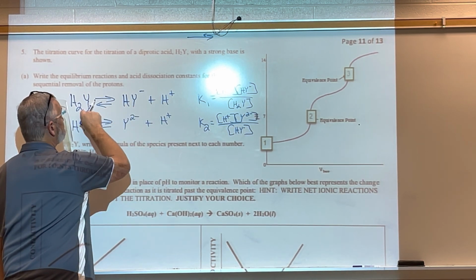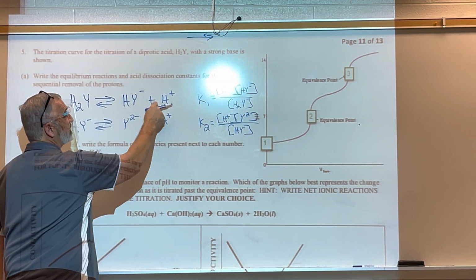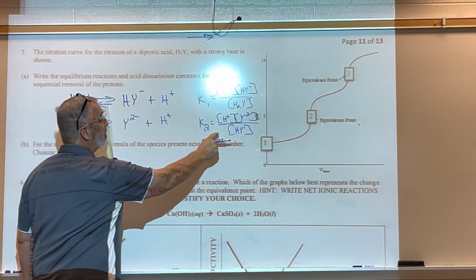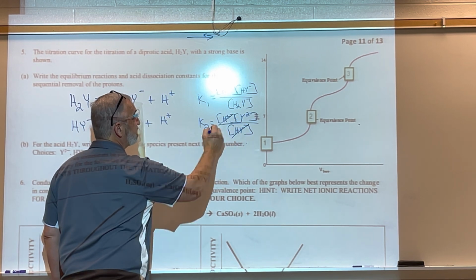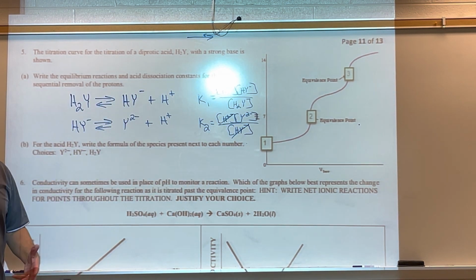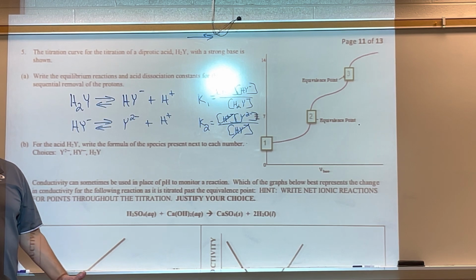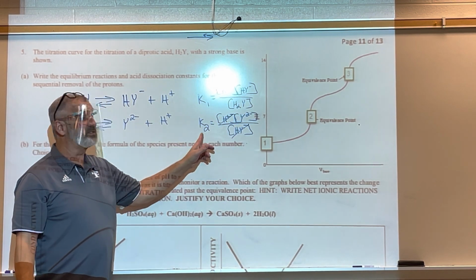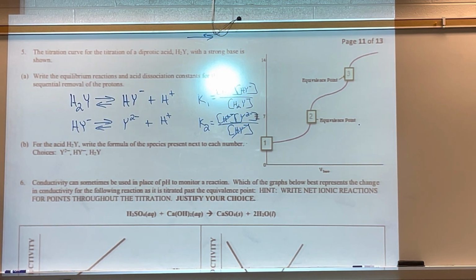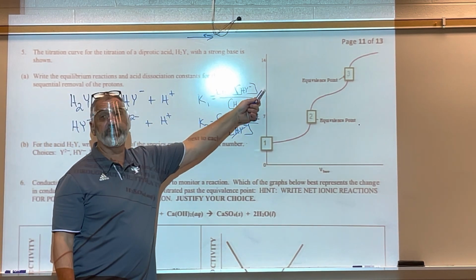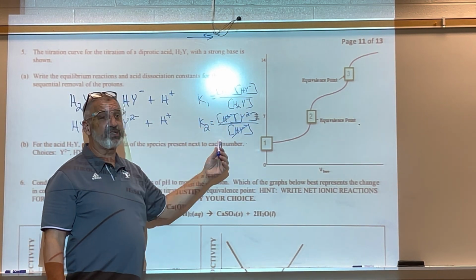Once it goes in, this goes here. What are these concentrations? The same. So when you put those into here, your H plus and your HY minus, they're going to cancel out. Now it's going to be plus X and minus X, but X is going to be negligible. So the Y2 minus is always going to equal K2. Remember the pH is always just going to be based upon the first one, because the second one's going to be minimal.